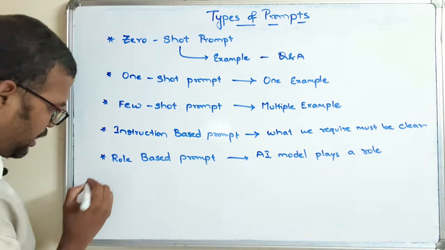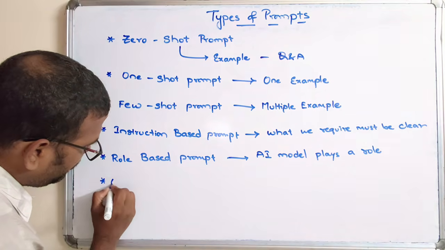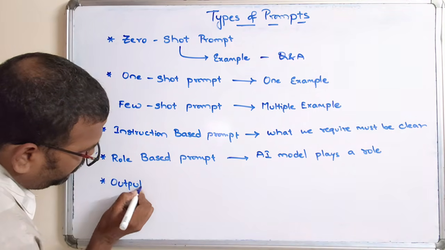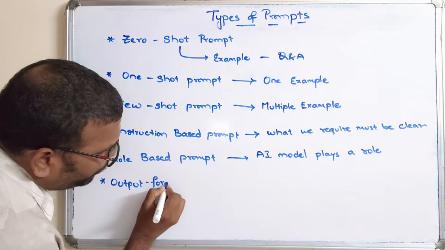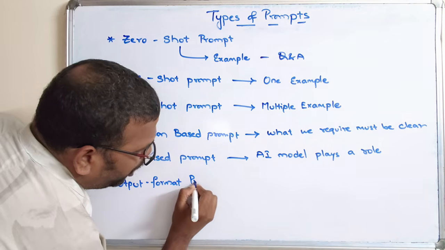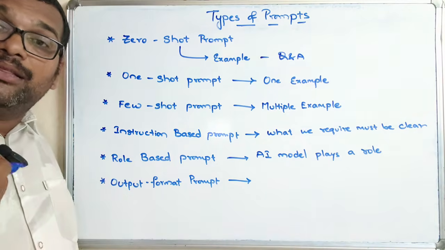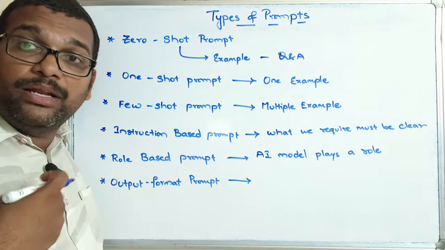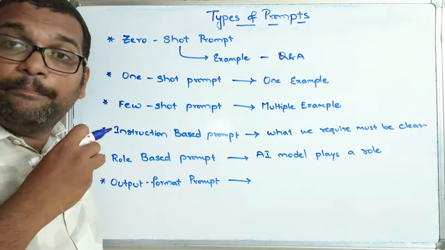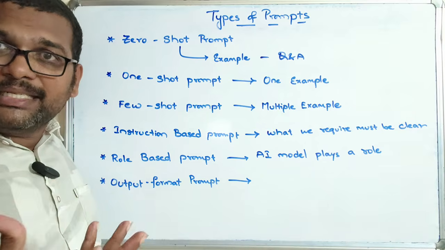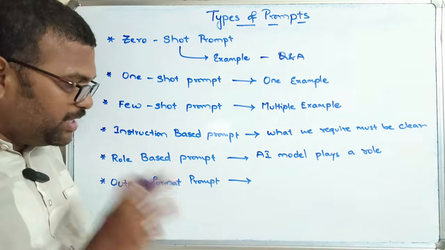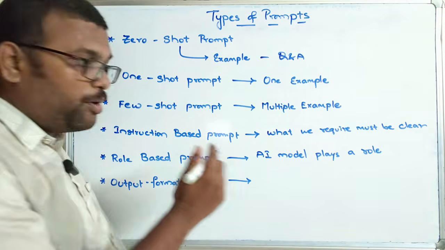And the next one, the output format prompt. Output format prompt means how we require the output. If I require the output in a table, or in points, bullets, or a paragraph, that is the output format prompt.